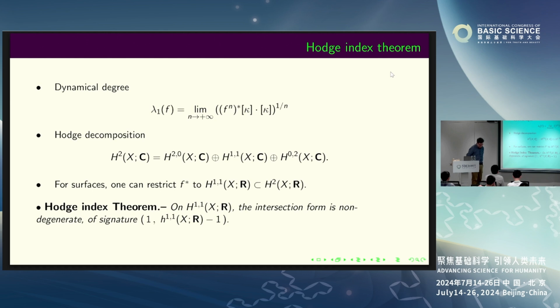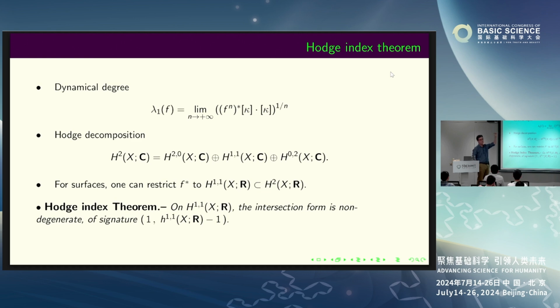So if you look at the definition of these dynamical degrees, now I'm focusing on surfaces. So you have, let's say, lambda 1, which concerns H11, and lambda 2, which concerns H22. So H22, in fact, is the top cohomology group.